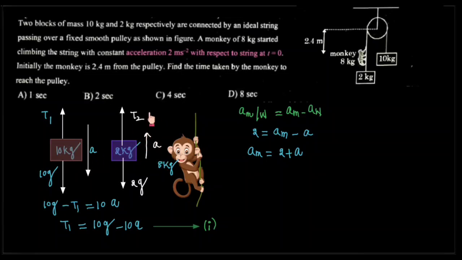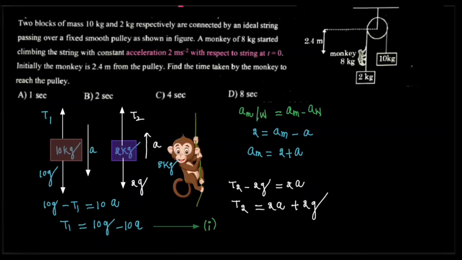Since it is moving up, the tension is greater. Therefore T2 minus 2g equals 2 into a, so T2 is equal to 2a plus 2g.